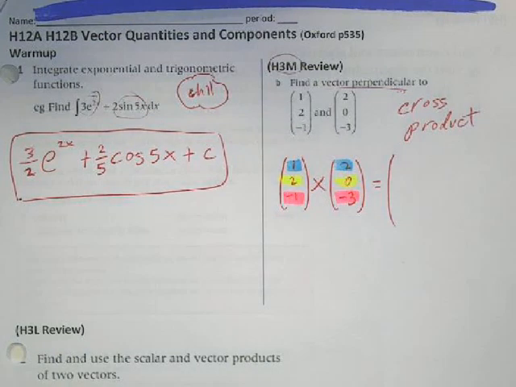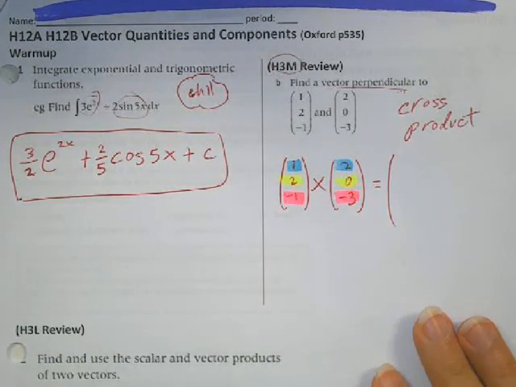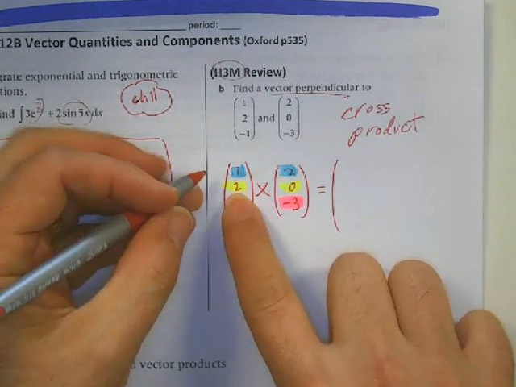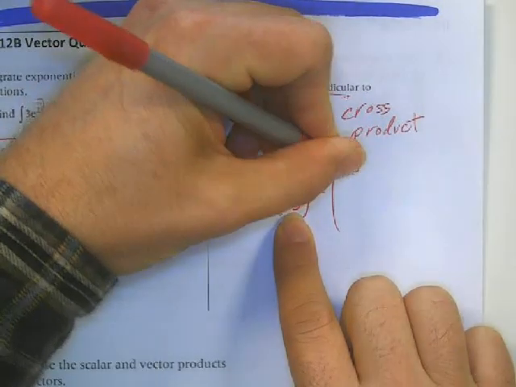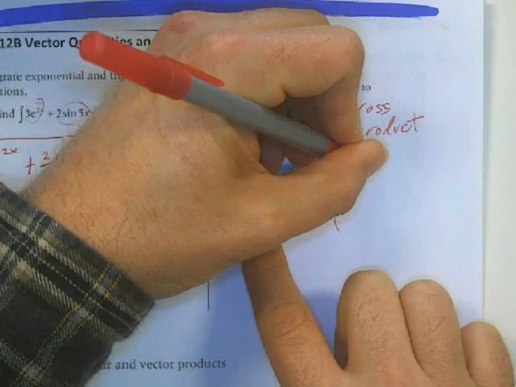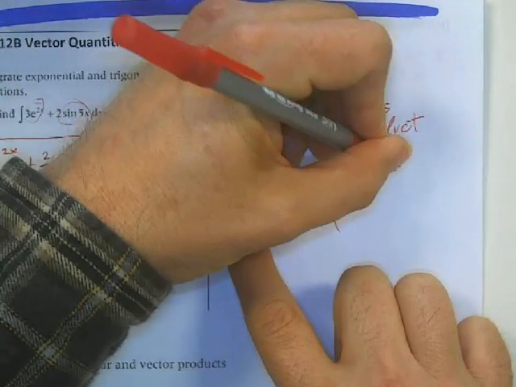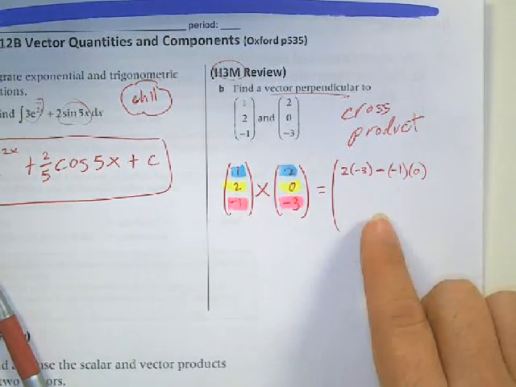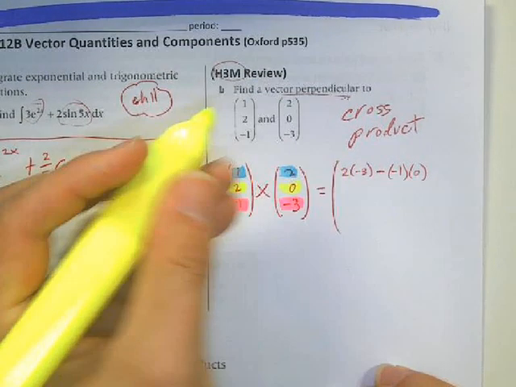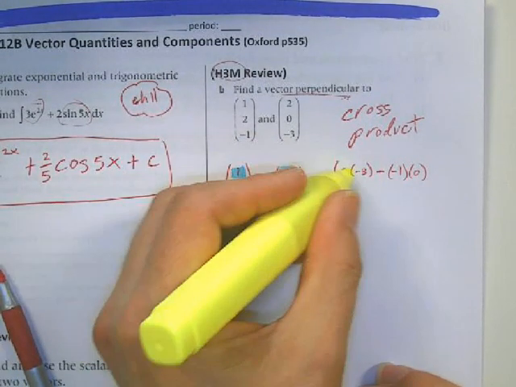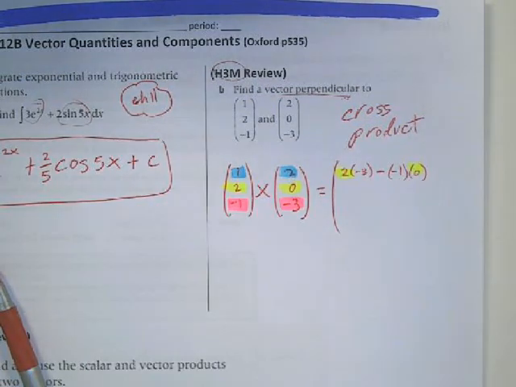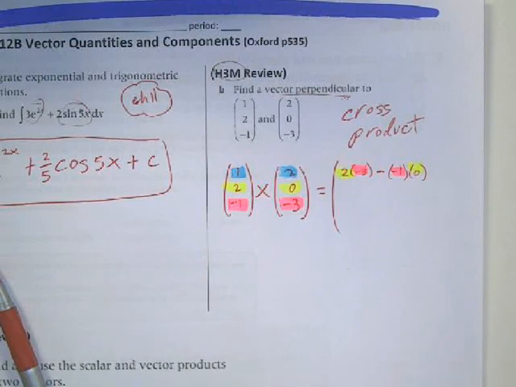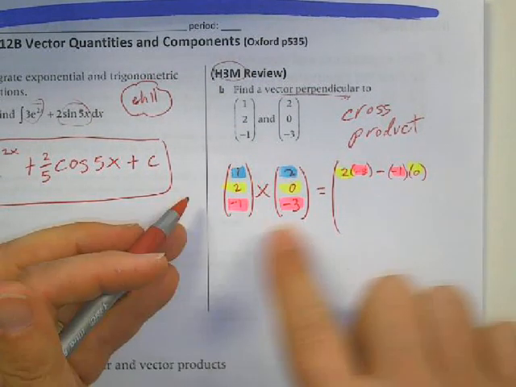Okay, so the resulting vector is going to be perpendicular. So this first row is going to be 2 times -3 minus -1 times 0. Notice my very first row does not have any of the blue numbers. We'll simplify that in just a minute. Now my middle row is going to have only the pink and the blue.